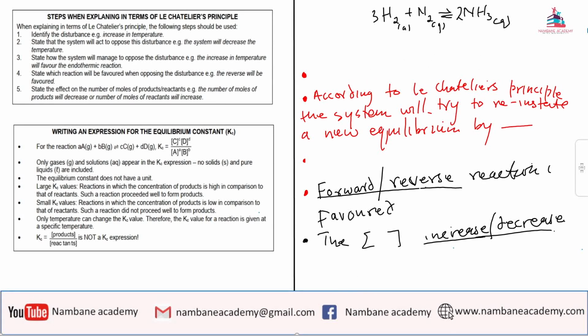Now I am quickly going to say, fine, the examiner now tells us that the factor being disturbed is pressure increases. So with pressure, automatically what do we need? The number of moles. So I have 4 moles this side, and this side I have 2 moles.